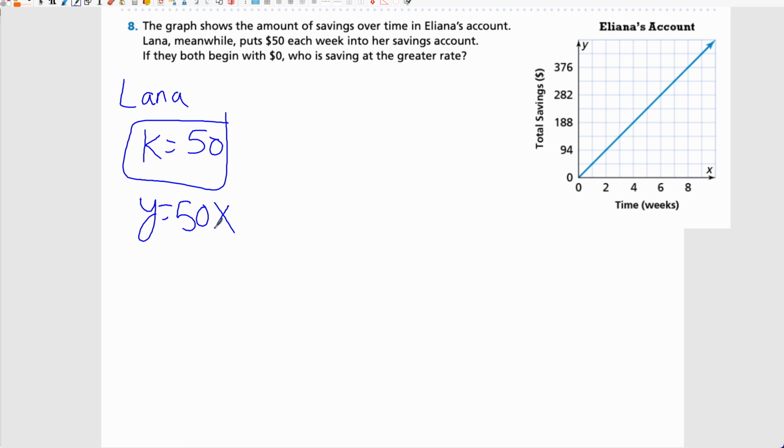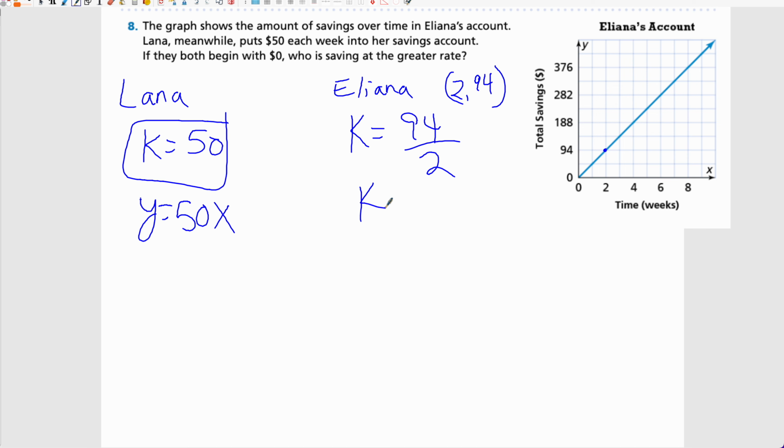All right. Eliana's account. What do I do to find Eliana's K value? I need one ordered pair. 2, 94. Look at that. There's 2, 94. Money on top. So K equals 94 over 2, 47.